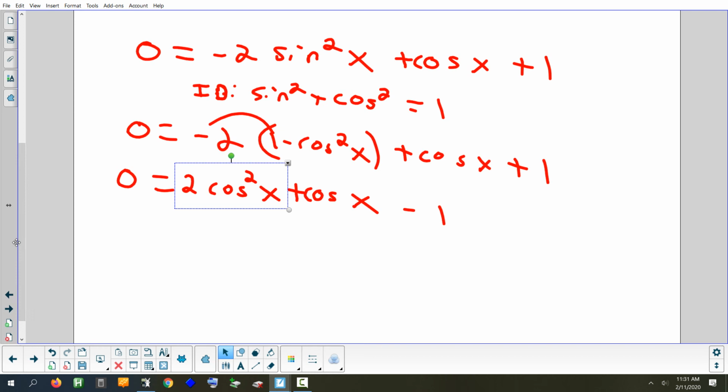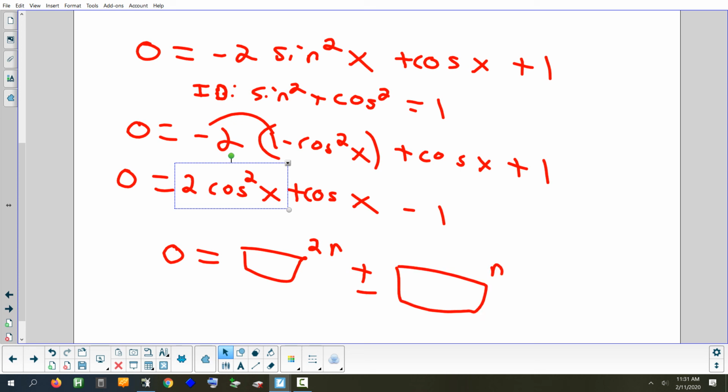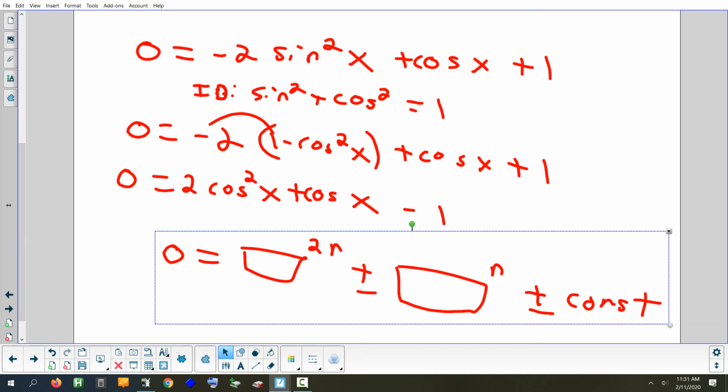In fact, anything like this, something to a power, plus or minus something to that power, plus or minus a constant, that's a quadratic type problem. The idea is this exponent has to be double that exponent.